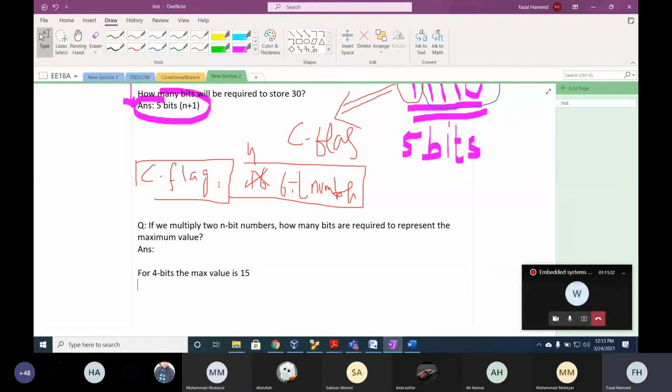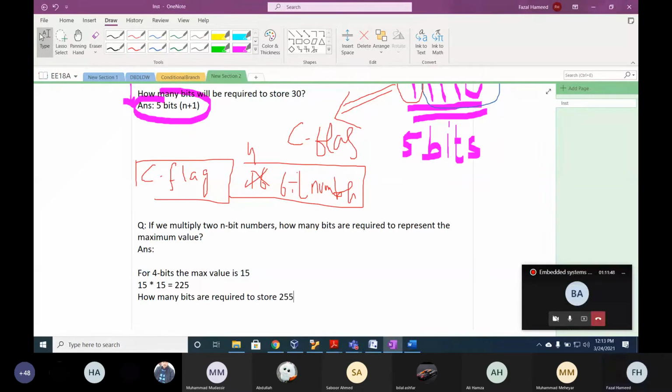If we multiply 15 by 15, the result is 225. And how many bits are required to store 225?